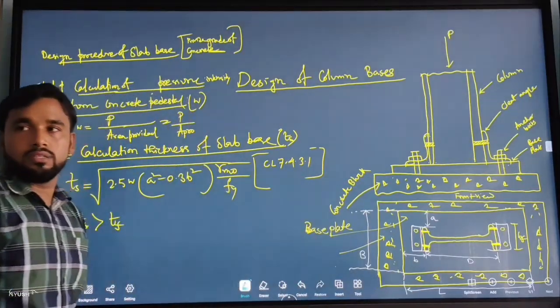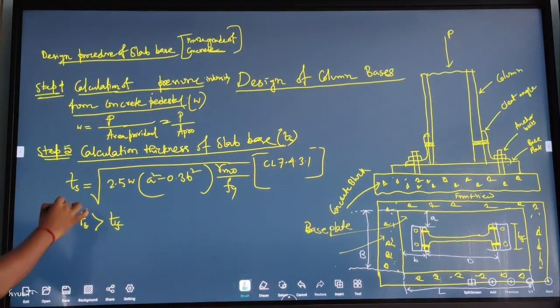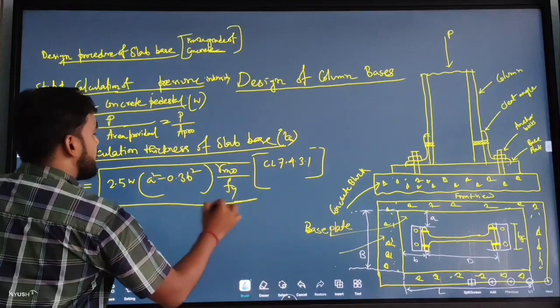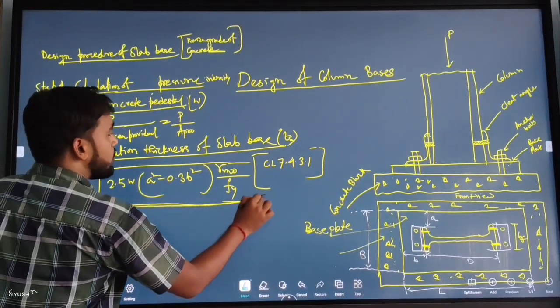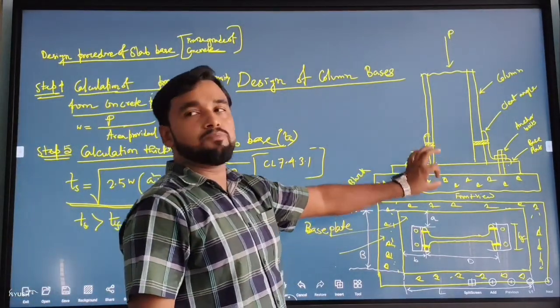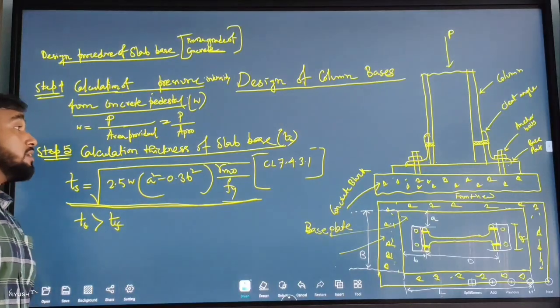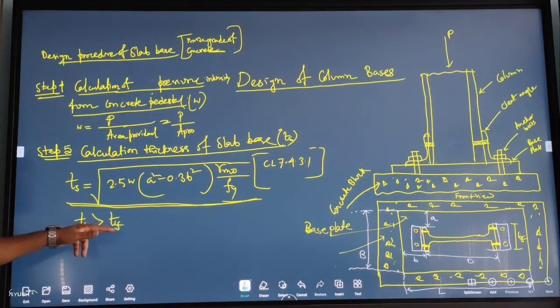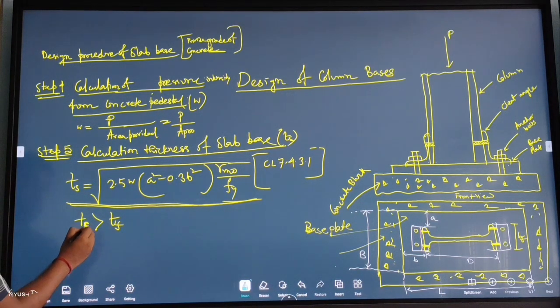From this formula we can calculate the minimum thickness of the slab base or base plate, and the minimum thickness of the base plate should be more than the thickness of flange of the I section column. Clear?